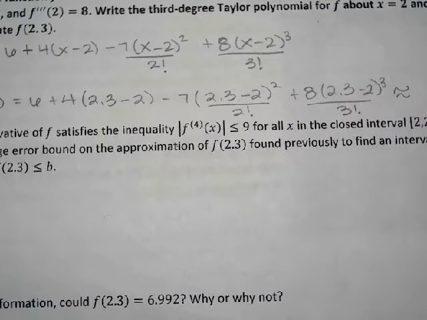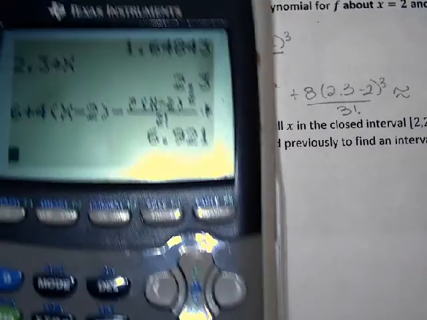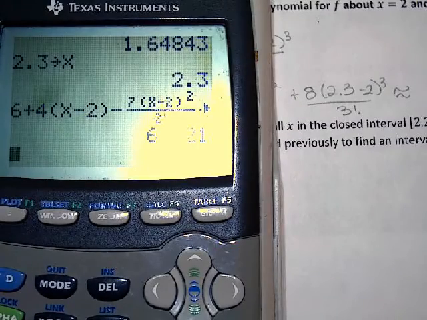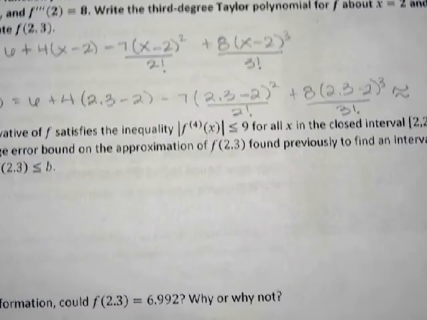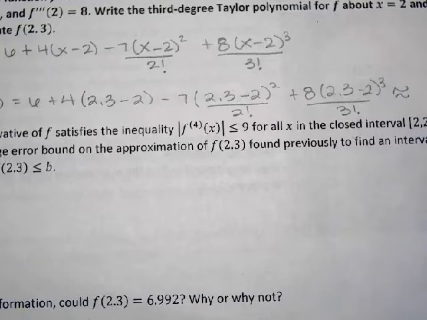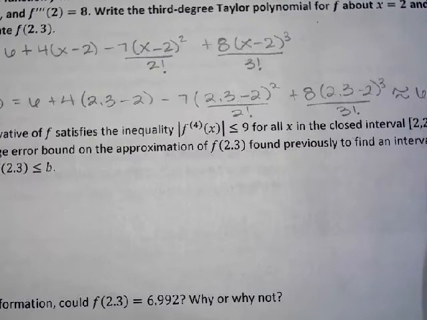Yes, I know! Look at my calculator screen. There's a 2 factorial there. I just don't trust myself sometimes, you know? All right, what'd you guys get? 6.921. Okay. We all got that. We're good with that.